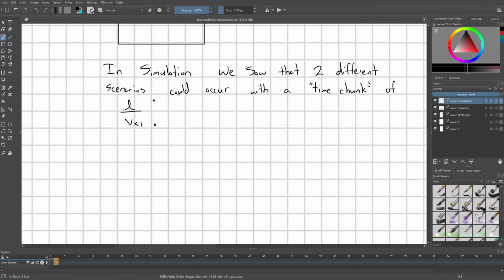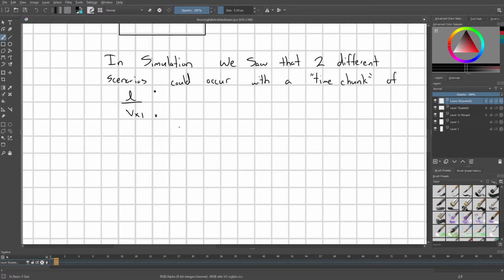And in the first situation, we had a single collision with a momentum transfer of 2mvx1.